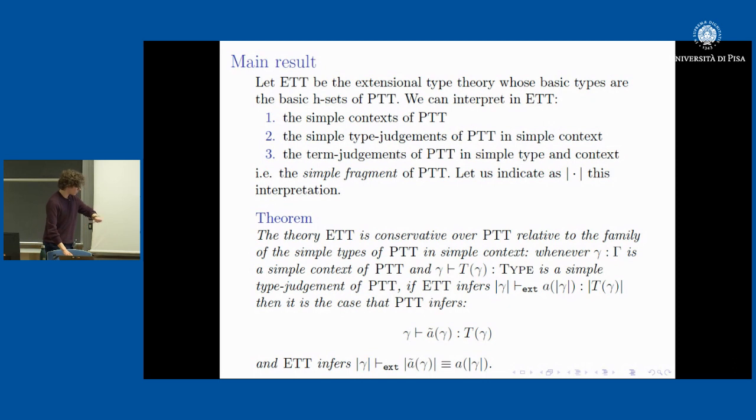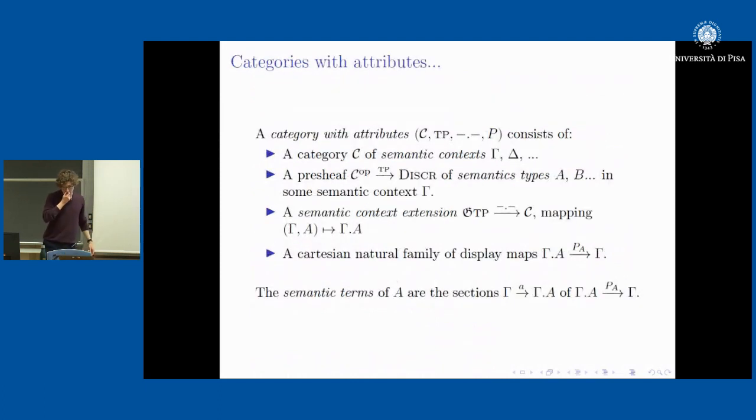Okay, this was to briefly comment on this result, what it can be useful for. And now I would like in the remainder to briefly go through the proof without entering too much into the details.